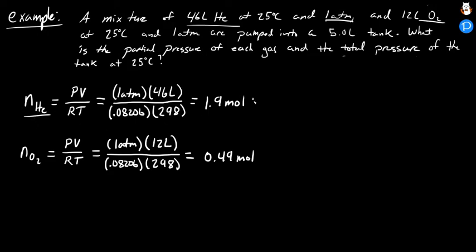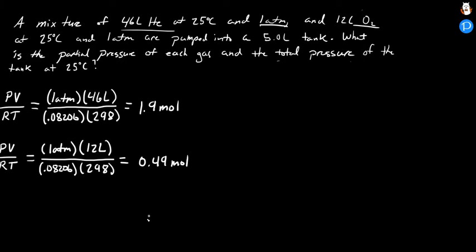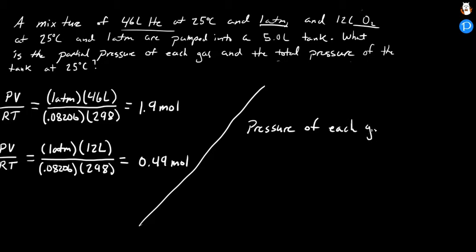So now I know n, and now I can figure out the pressure of each gas. Using this, the pressure of helium is going to be equal to the number of moles of helium times R times T divided by the volume.